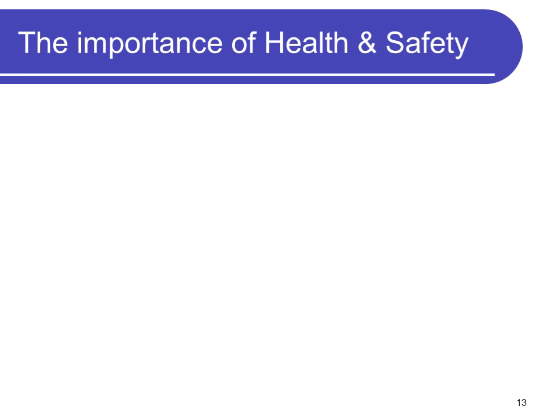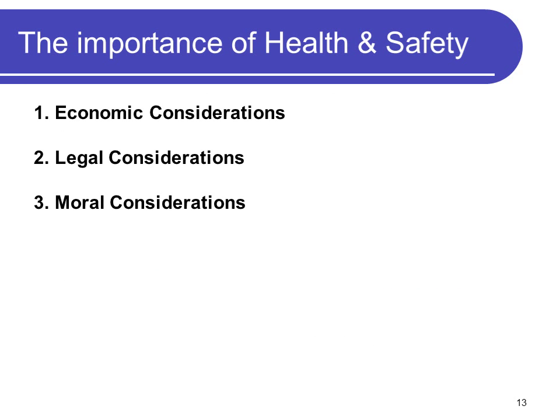Why is safety, or health and safety, important? And this is a sort of question for the exam, and we said, okay, there are three considerations: the economic consideration, the legal considerations, and the moral considerations. And we are going to see them one by one in the next slides.